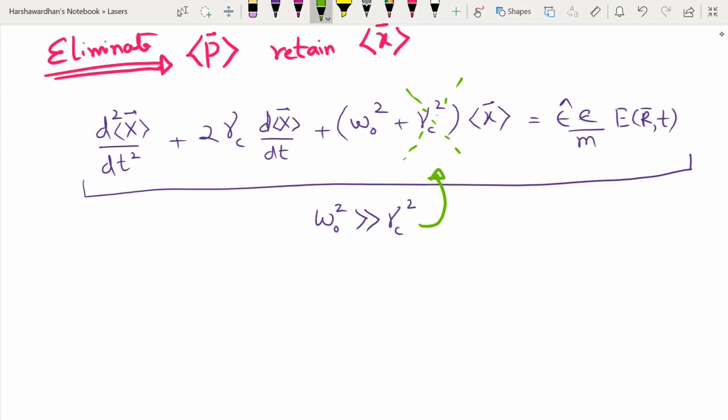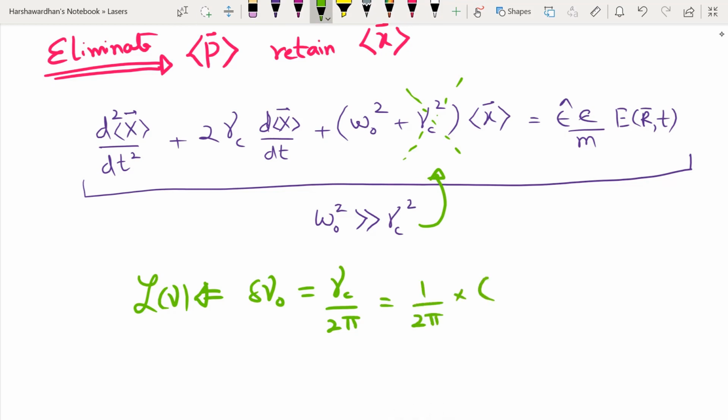Not just that, it is giving me a line shape wherein the width is determined by the rate of collision, right? We had looked at the Lorentzian line shape L of nu that we got, and we had delta nu naught as the line width. Clearly delta nu naught here is gamma c by 2 pi, which is equivalent to saying 1 over 2 pi times the collision rate.